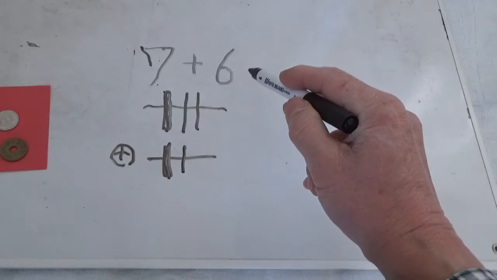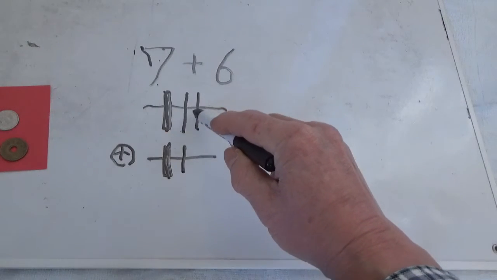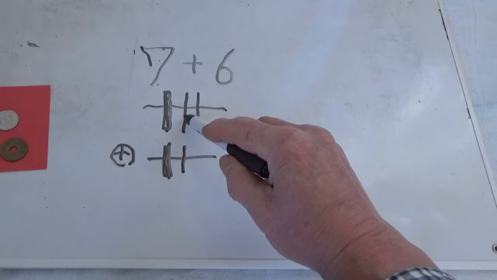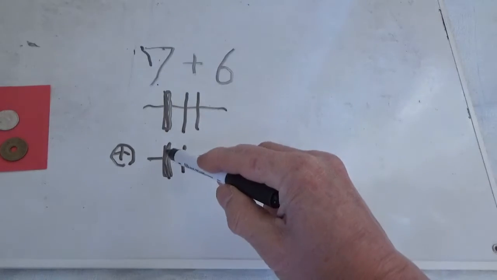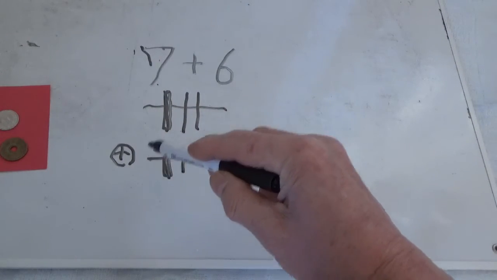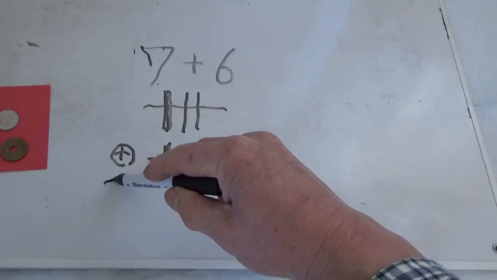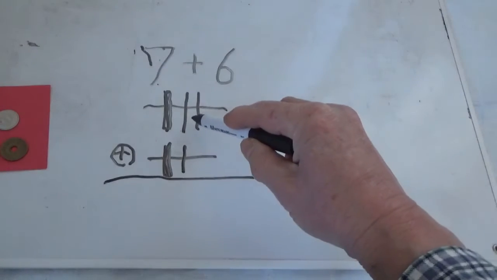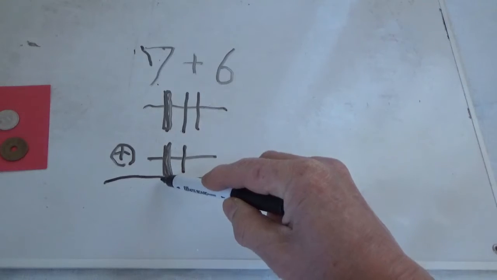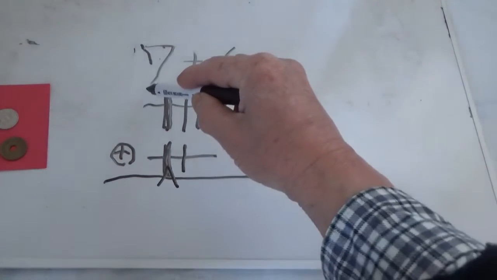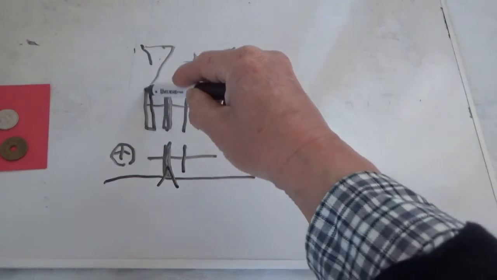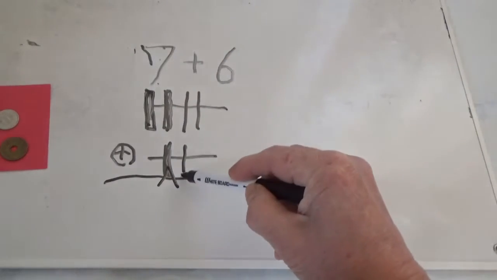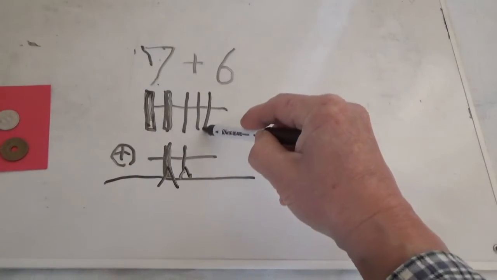Let's try another addition with carrying process. 7 plus 6. This is 7, 5, 6, 7, and 5, 6. 7 plus 6. This is a join. And this also is join.